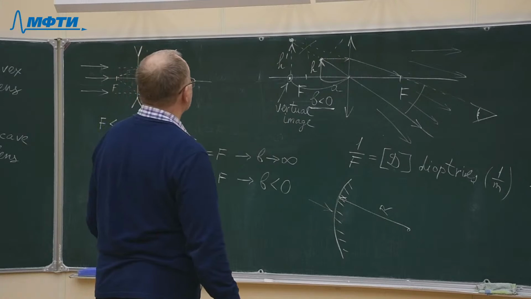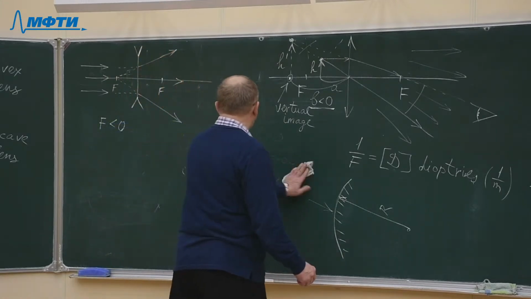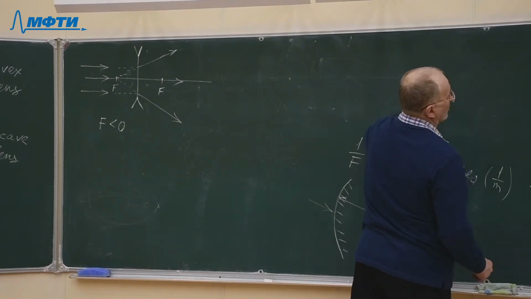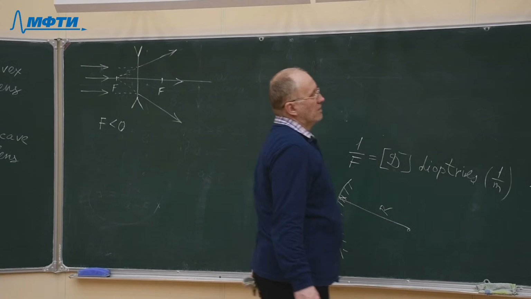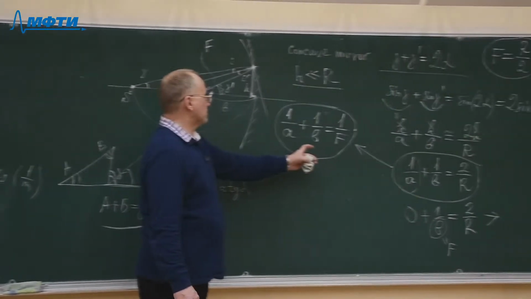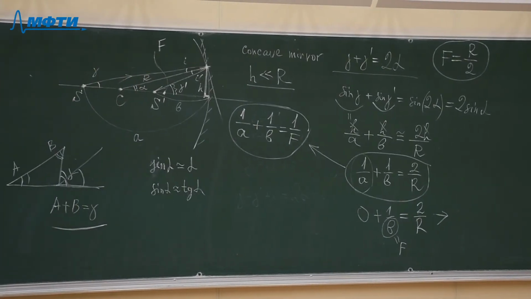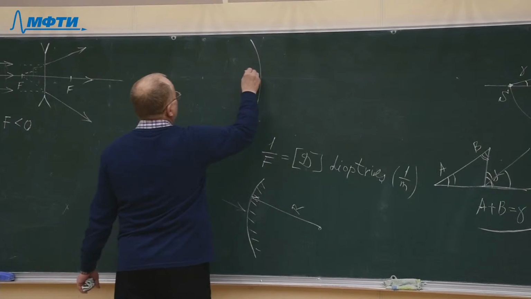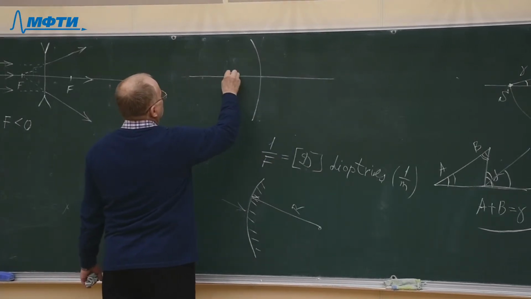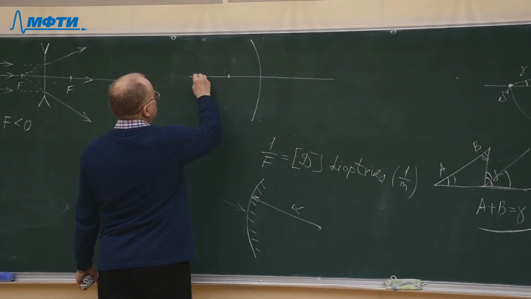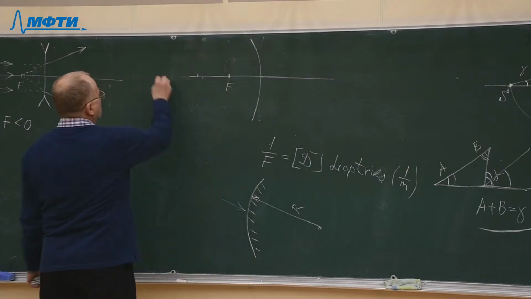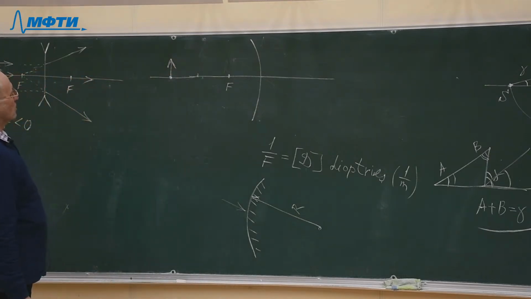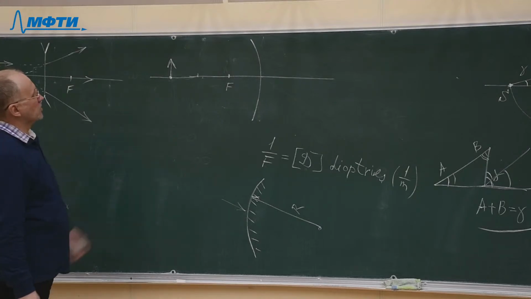So the next step which we will consider will be a few words about image formation in mirrors. We have already obtained the mirror formula, the formula which describes the image formation in the concave mirror. So if we have a concave mirror with principal axis and with focal point somewhere here, we know that this is half the radius of curvature, and we have some object, then what will be the rules of geometric construction of the image?